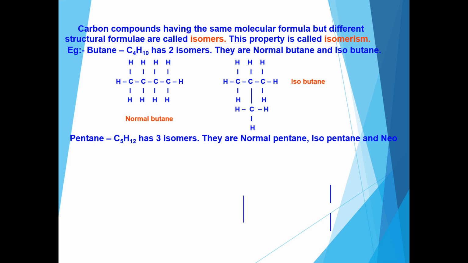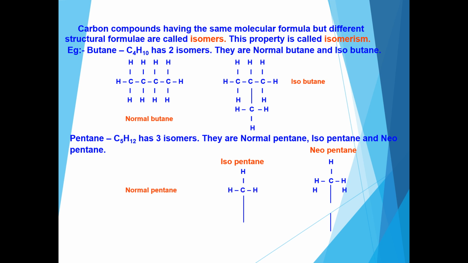Another example of isomerism is with the formula C5H12. The compound name is pentane. Pentane can form 3 isomers, and the 3 isomers of pentane are normal pentane, isopentane and neopentane.